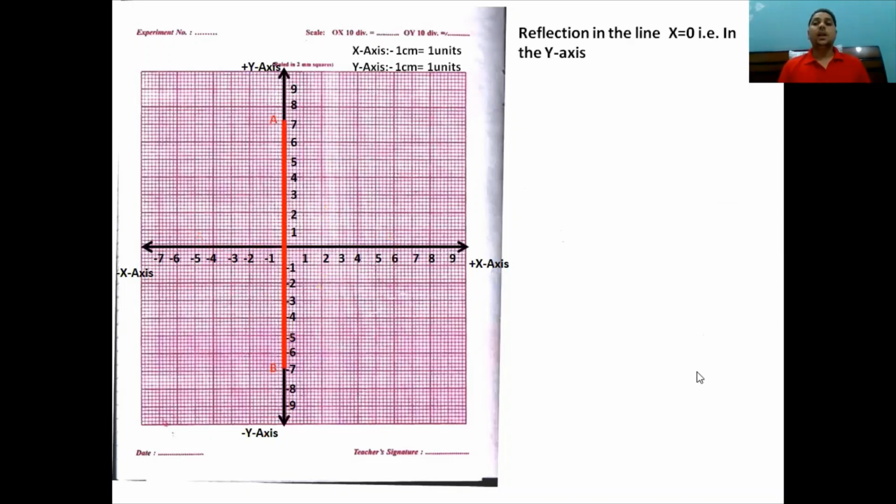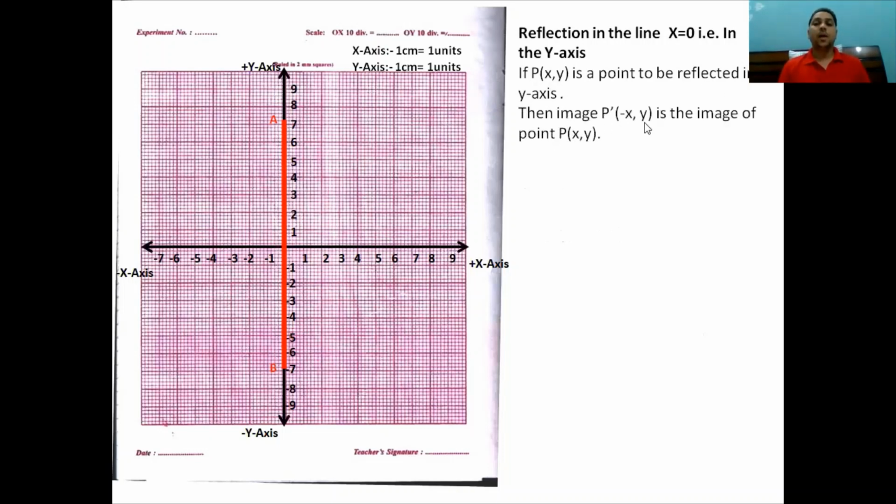Similarly, in case of reflection in the line x equal to 0, that is the y-axis. If (x, y) is a point to be reflected in the y-axis, in that case the image P dash (-x, y) is the image of point P (x, y). It means when we are placing the mirror along the y-axis, we just have to change the sign of your abscissa, that means the x coordinate.